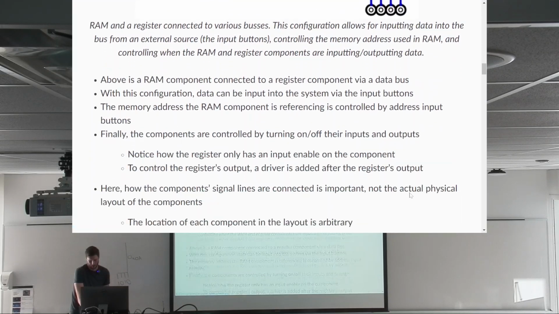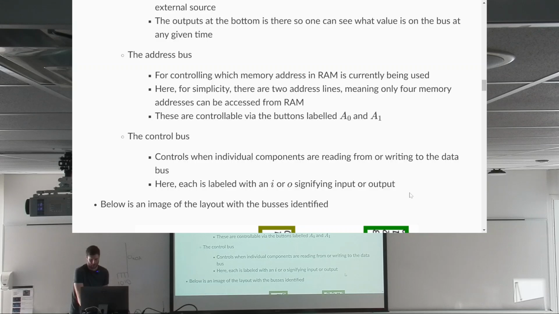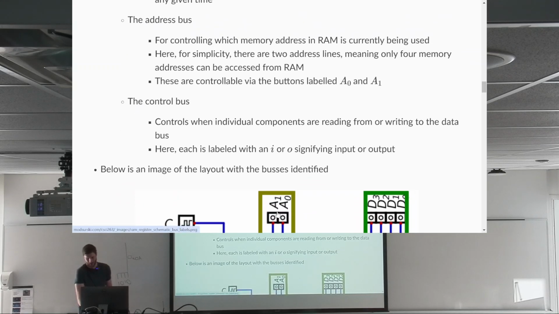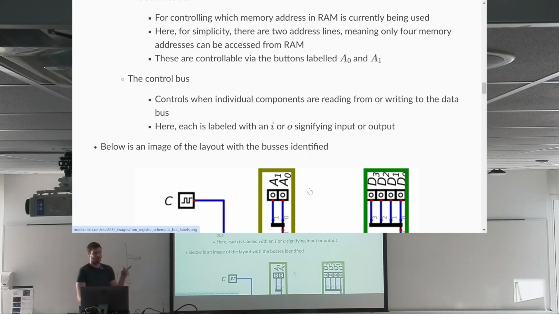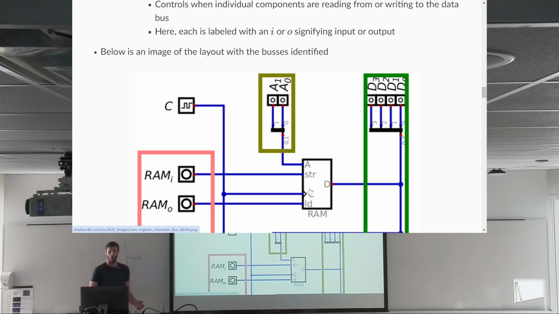So here we go. The address bus controls which memory address RAM is currently looking at. This is for both reading and writing, right? If I want to write to memory address 1, these should be 0, 1. And if I want to write, that means I want RAM in.